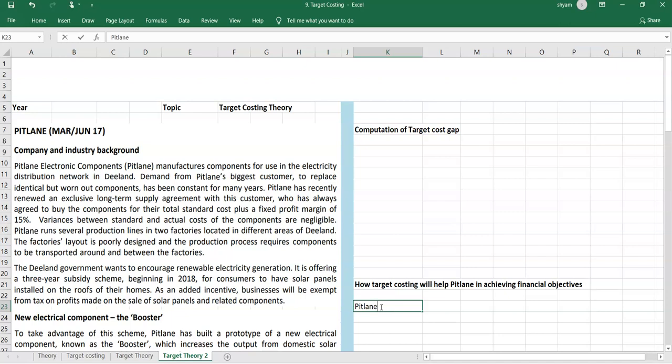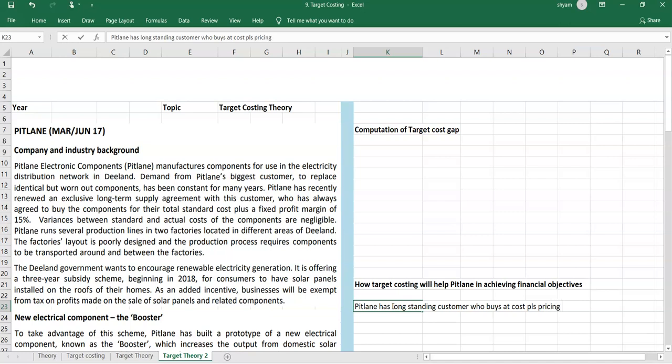Pitlane has a long-standing customer who buys at cost plus pricing.